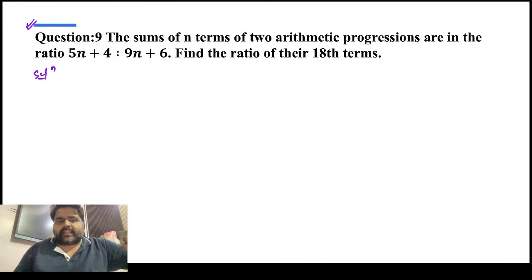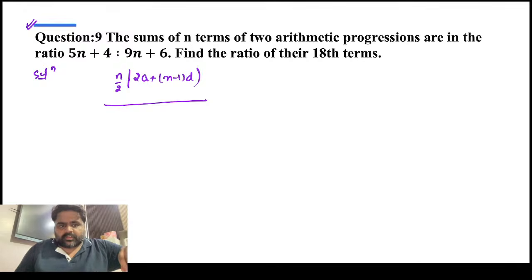The sum of the n terms of the two arithmetic progressions, assuming that there are two APs, and the sum of n terms is n by 2 into 2a plus n minus 1 into d, and the second is the sum of the n terms of the second arithmetic progression, n by 2 into 2A plus n minus 1 into D, which is equal to 5n plus 4 upon 9n plus 6.